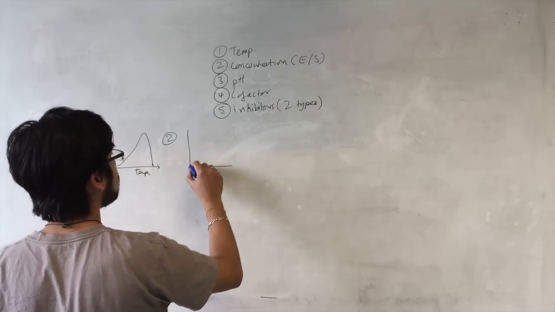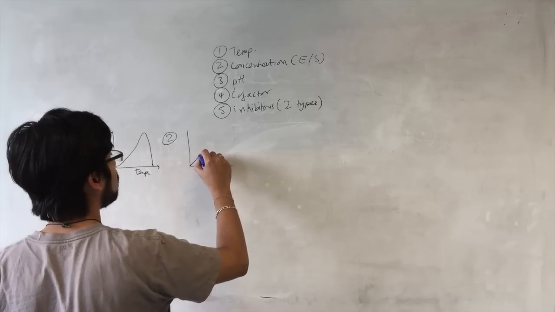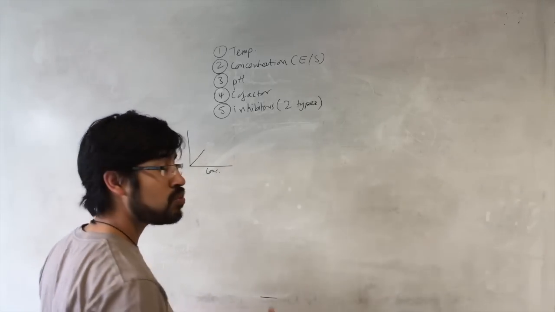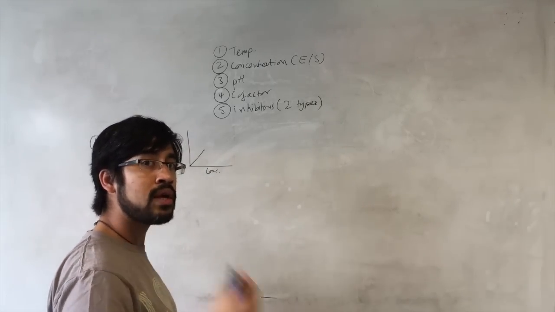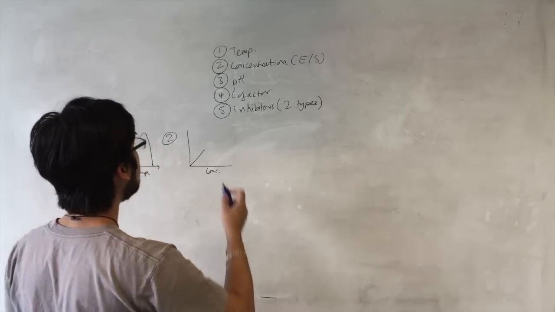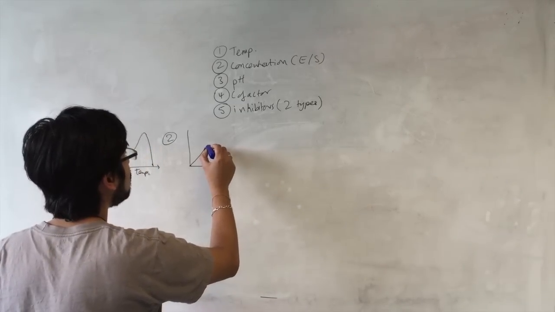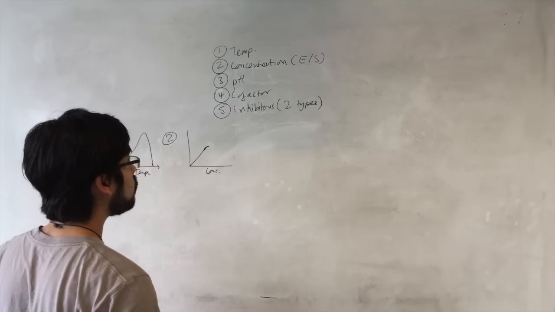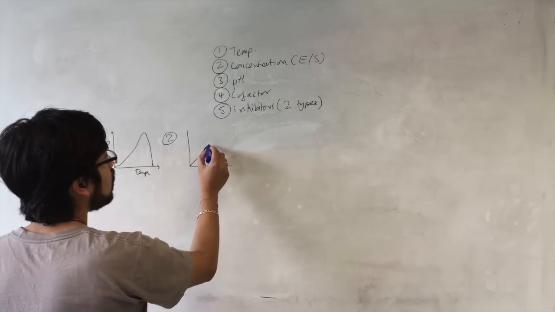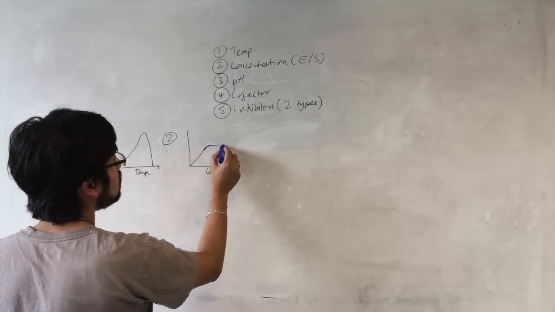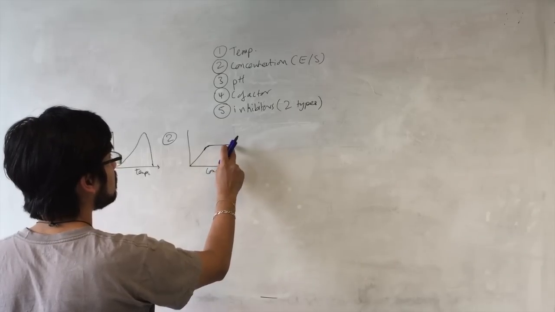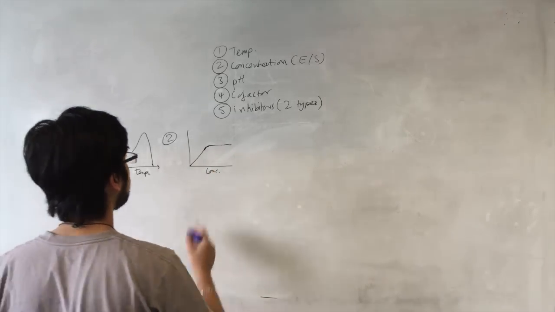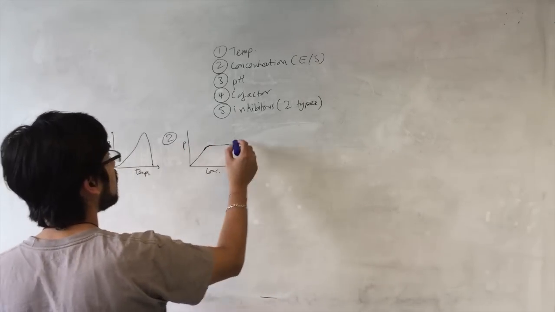As we increase the concentration of either enzyme or substrate, the rate of reaction increases because there's more likelihood of collisions between the enzyme and the substrate, therefore more likelihood of the enzyme substrate complex formation, until we reach a maximum rate where all the enzyme is saturated with substrate, and therefore there is no further increase in the rate of reaction, no further increase in the rate of enzyme substrate complex formation. Okay, so that's concentration right there.